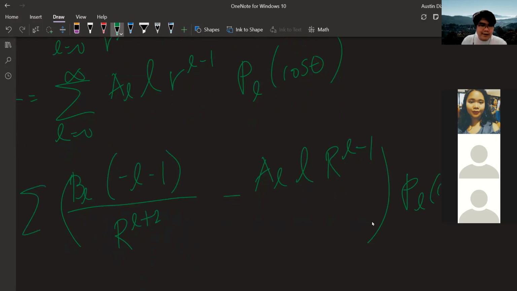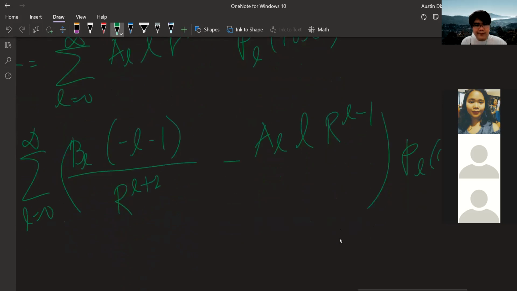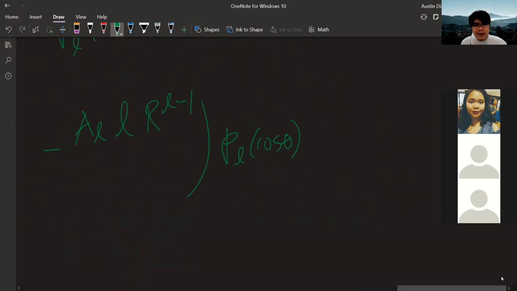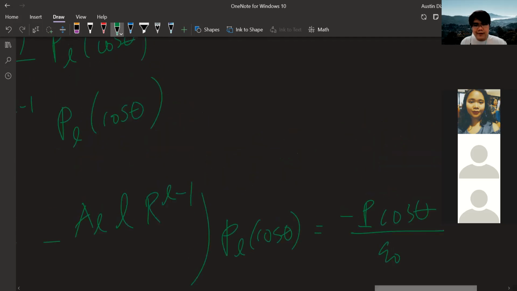Okay, and then the summation, of course, huwag natin kalimutan. And this is all equal to sigma, which is negative sigma, which is negative P cosine theta. Ibang pito polarization yan over epsilon naught. Okay?